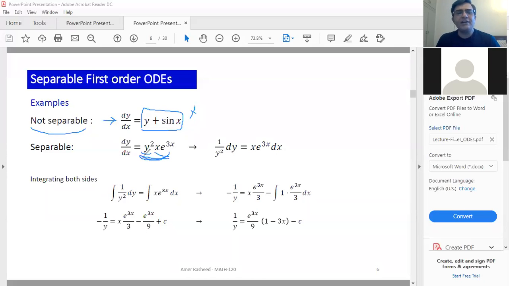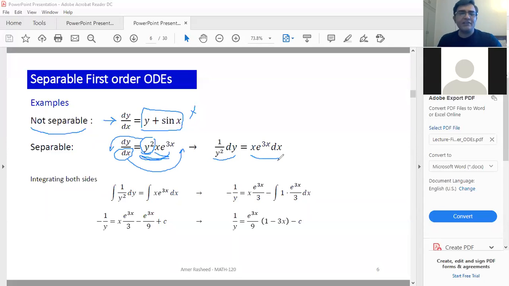We can separate them: we take the y squared on the left hand side and dx on the right hand side. So we have separated the variables.